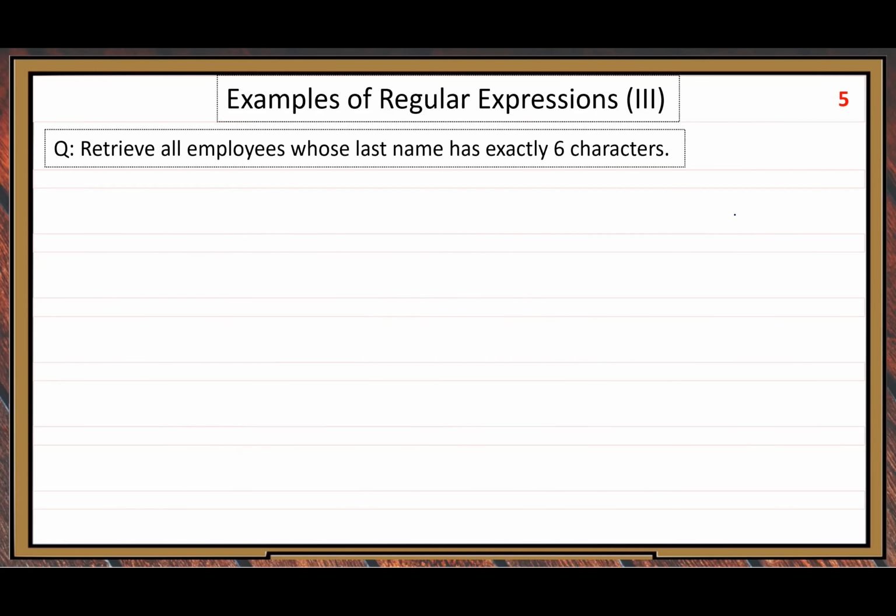Next example. Retrieve all employees whose last name has exactly 6 characters. How to describe that pattern? Last name has exactly 6 characters.